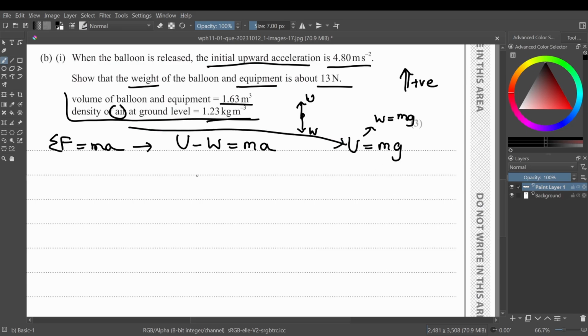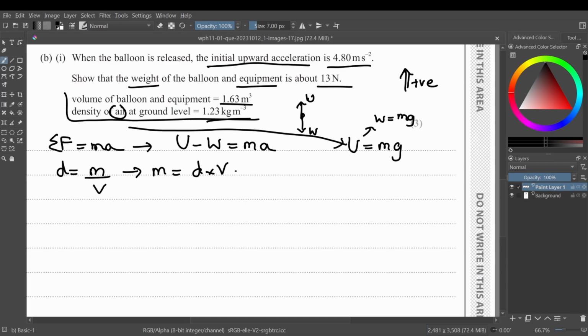So how will we find the mass from the given data of volume and density? We can use the density formula, which is density equals mass over volume. We need the mass part, so it becomes mass equals density times volume, right?